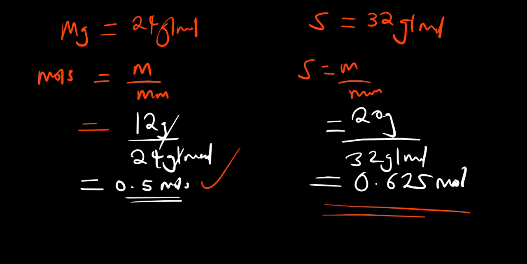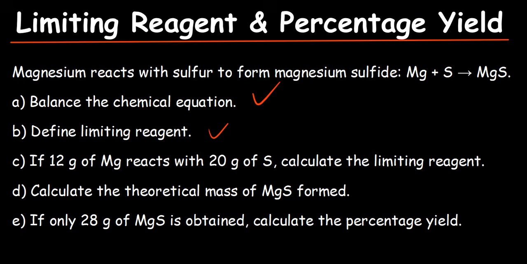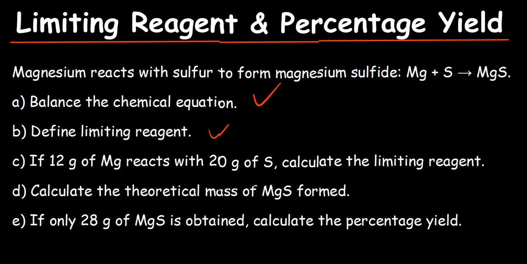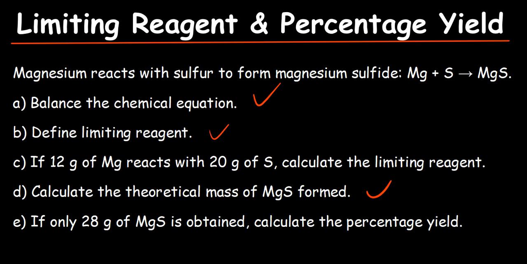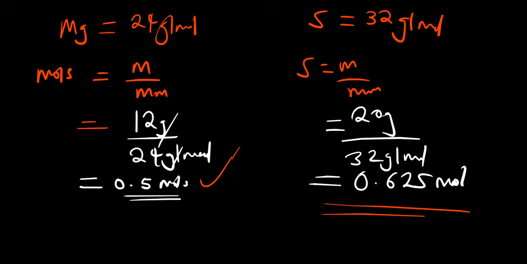Okay, let's solve D. We are taught to calculate the theoretical mass of magnesium sulfide. Another interesting question, the theoretical mass. What is the molar mass of magnesium sulfide? Magnesium we said is 24, sulfur is 32.